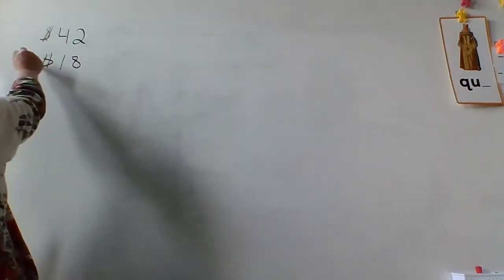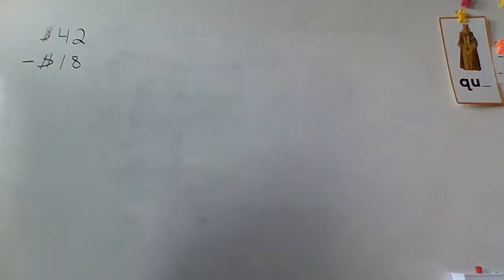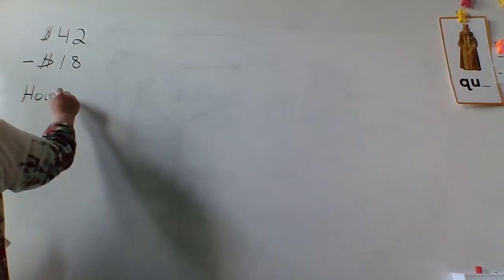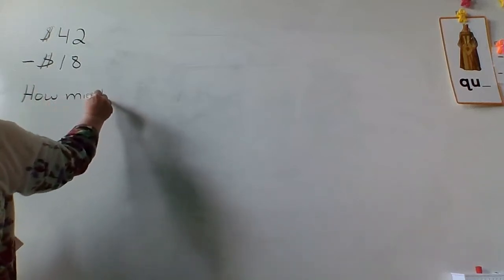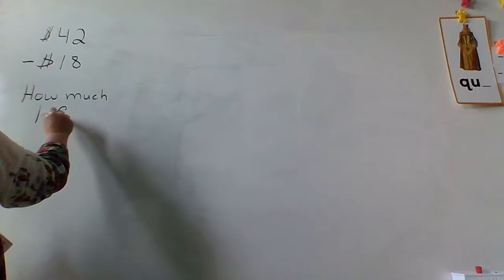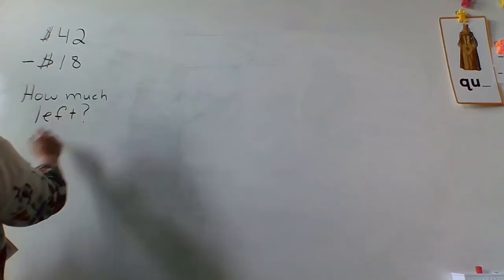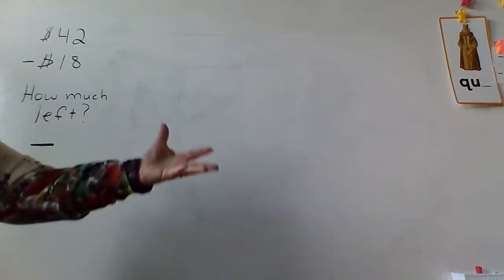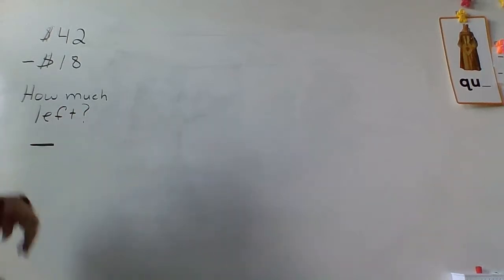So if we give something to somebody, we know that we have to subtract. And then our question is, how much did she have left? And we know that we're going to subtract because we already talked about that. She spent some money. It went away. So we have to subtract.